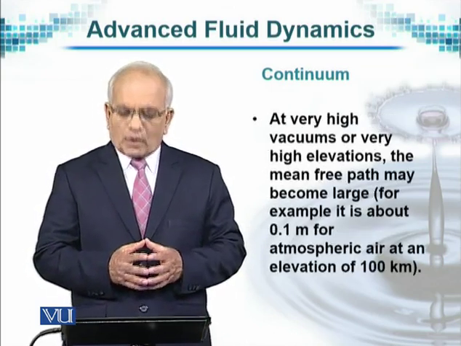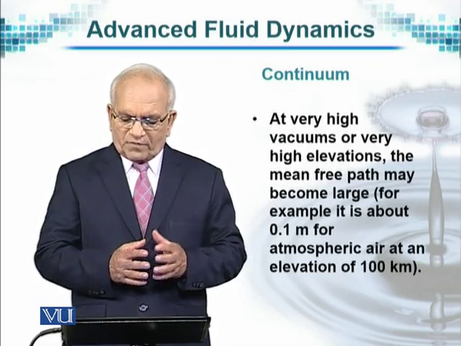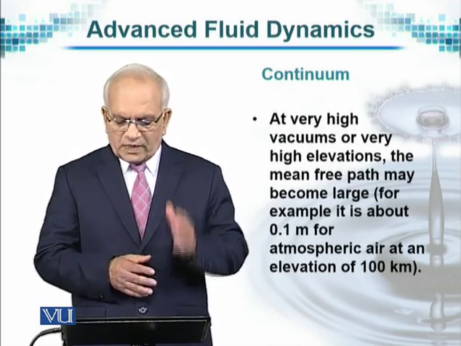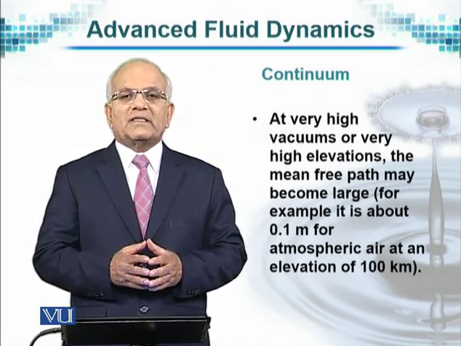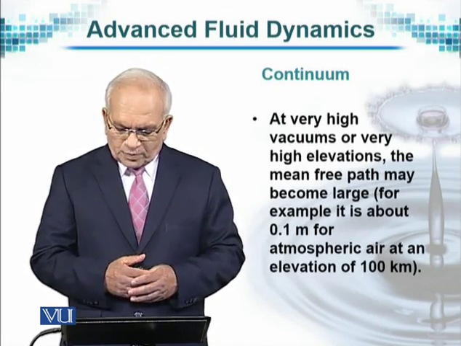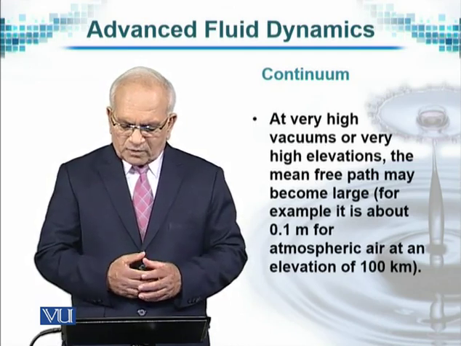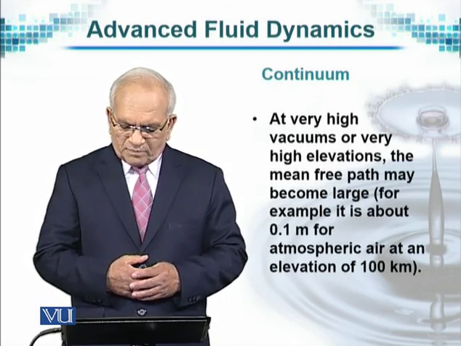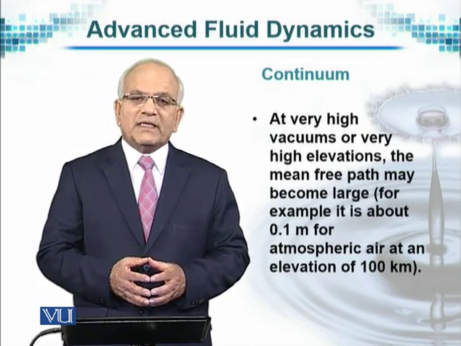At very high vacuums or very high elevations, as we go high up, the gases still thin out and spread out, so their molecules also spread out. The mean free path becomes large. For example, it is about 0.1 meter.